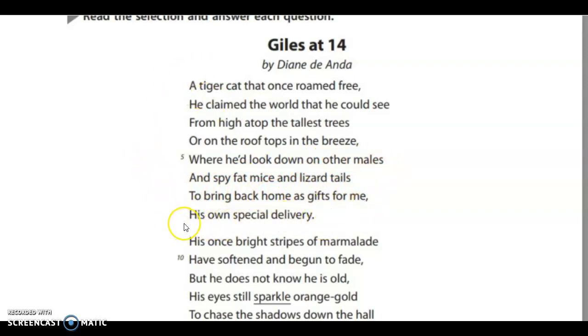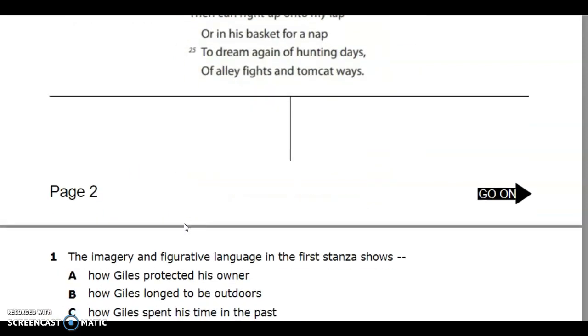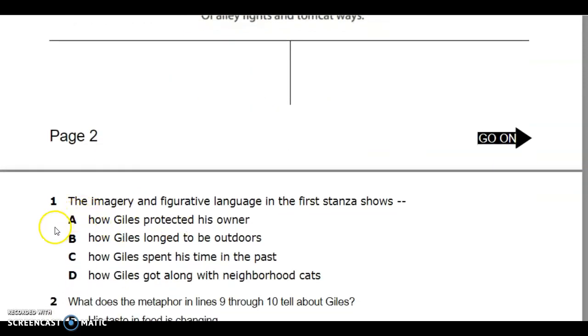Never was the owner needing protection. So we know the A cannot be our answer, so we would mark that off. B. How Giles longed to be outdoors. Possibly. So we can leave that as a maybe, even if you want to put an M next to it for maybe.